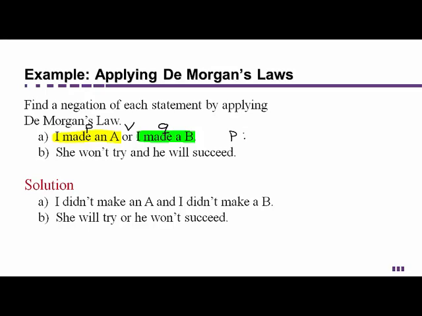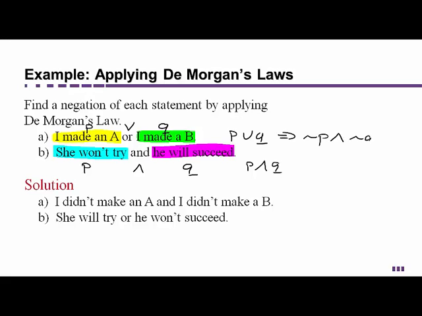So this really equals P or Q. Now down here we have she won't try and he will succeed. Can you see how if we call this P and this Q, we have an and, which remember is that, and now we have P and Q. Well, according to De Morgan's laws, if we want to take the negation, we get the negation of everything. So not P and not Q. And then this one becomes not P or not Q.